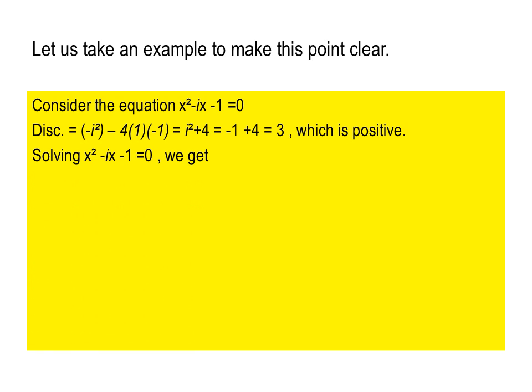Solving this equation x square minus iota x minus 1 is equal to 0, we get by the formula method x is equal to iota plus minus square root of iota square plus 4, by 2, which is iota plus minus square root of 3 by 2, and the roots come out to be 1 by 2 into iota plus minus root 3 by 2.